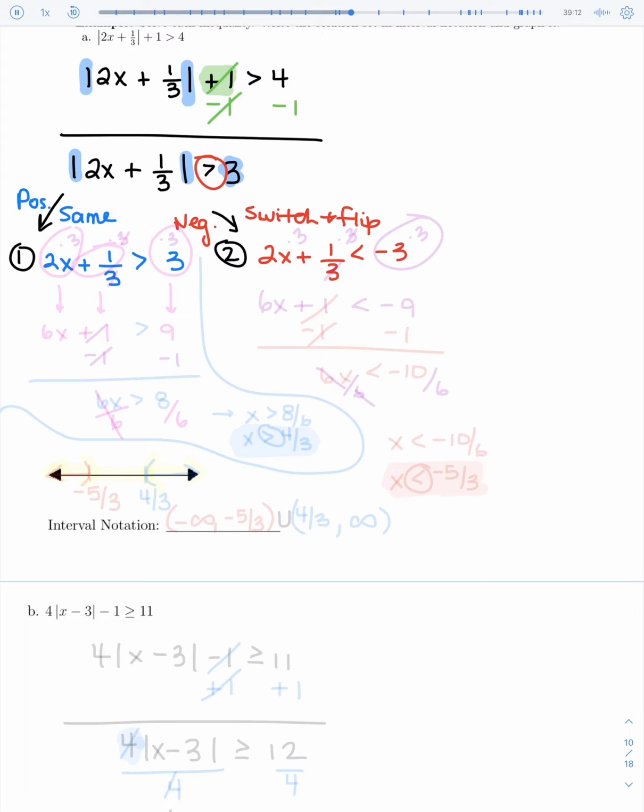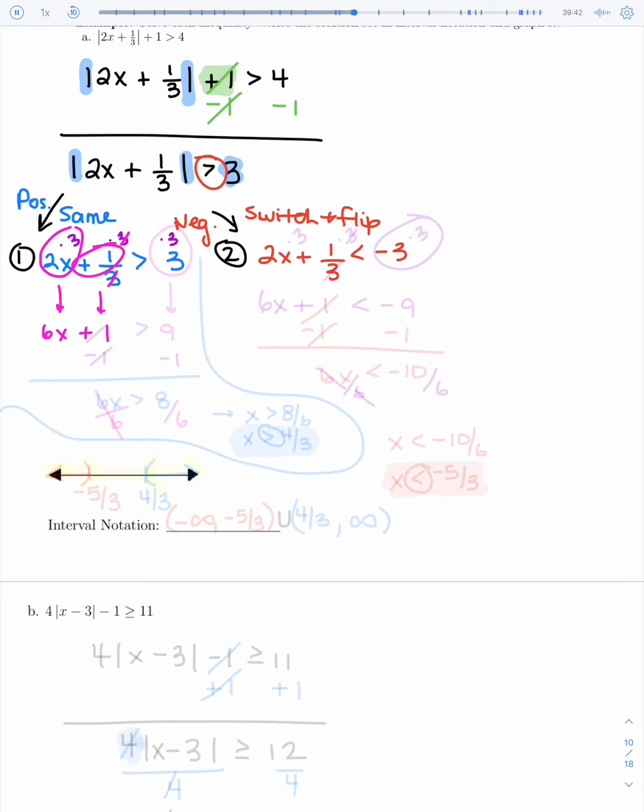So let's take a look. Next, what we'll do is solve our inequalities. If you're one of those people who hates fractions, you can get rid of all your fractions by multiplying everything on both sides by 3, because that's the denominator. And what'll happen is we'll multiply the first piece by 3, which will get us a 6x. Multiplying the second piece by 3 will actually cancel out the 3 and leave you with a plus 1.